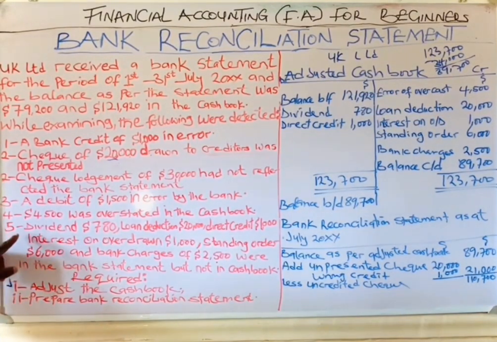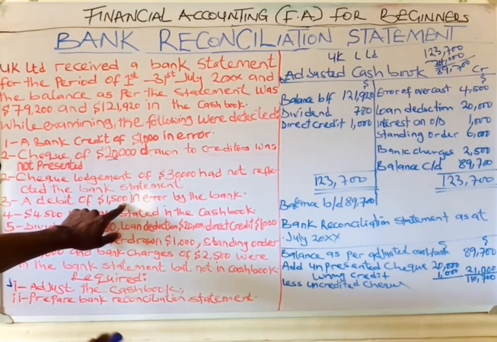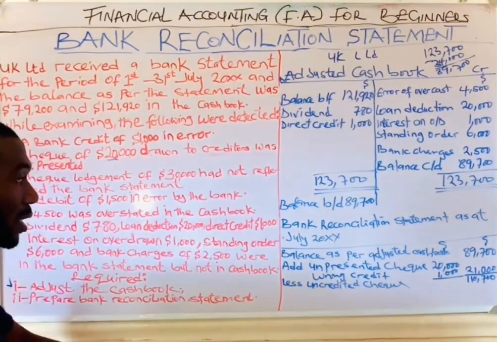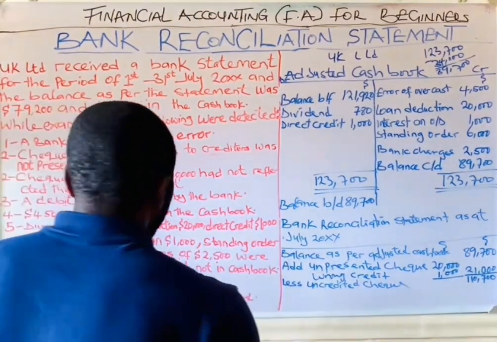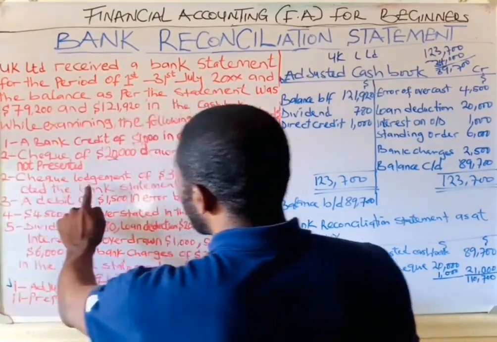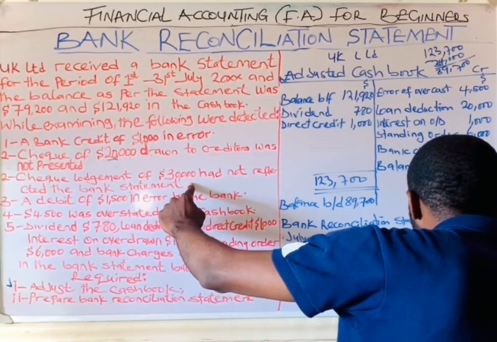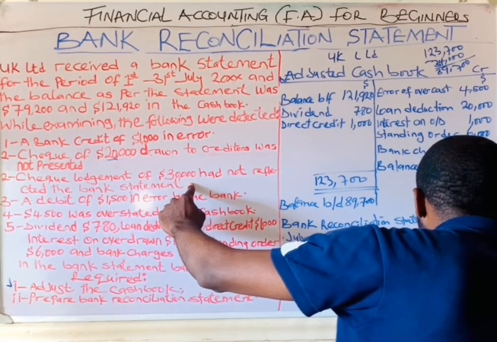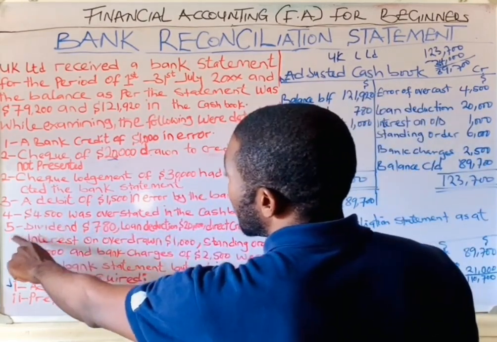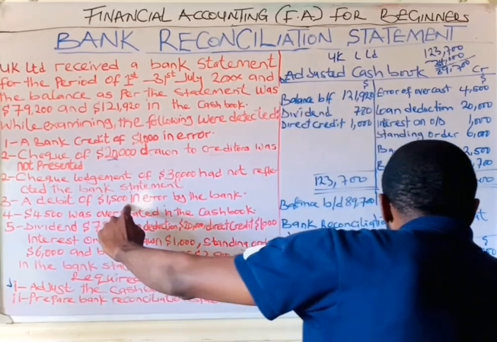So since we are having a wrong debit, a debit of 15 in error, the uncredited cheque moves with the opposite, the wrong debit. So our uncredited cheque, the lodgement, is 30,000. And our wrong debit is 15.